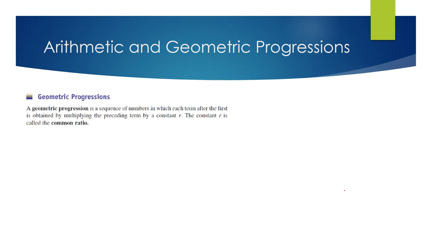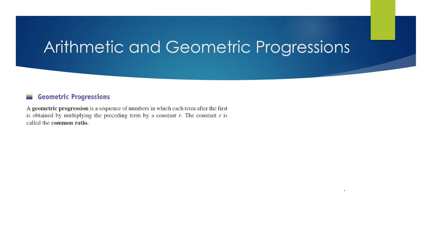Take the second term, multiply that by 2, get the next term. Obviously, if you're multiplying like that, you're going to get some really big numbers really quick. So oftentimes, for geometric progressions, you're going to see some big numbers both in finding a particular term of a sequence as well as finding the sum of a certain number of terms in that sequence.